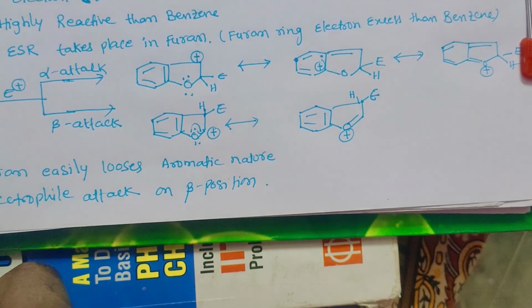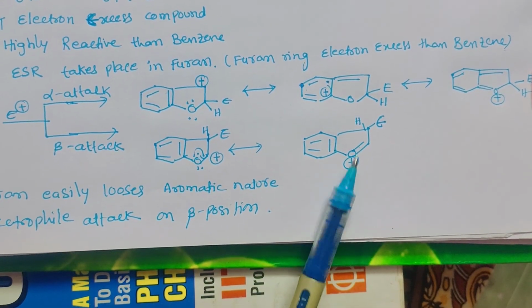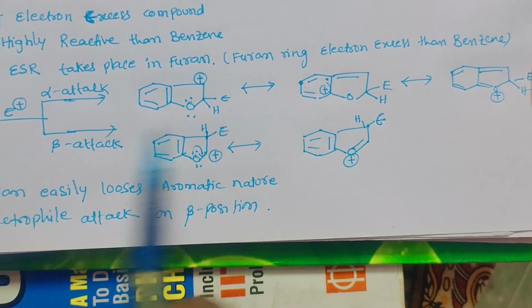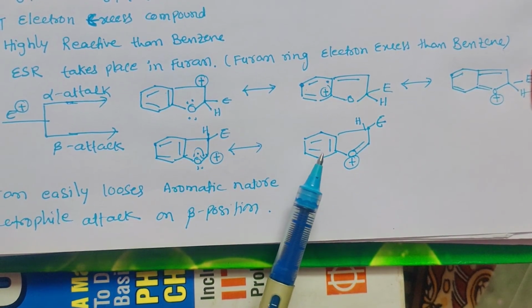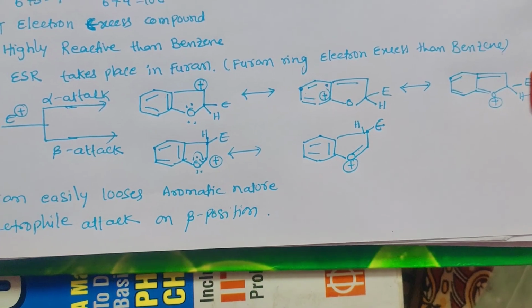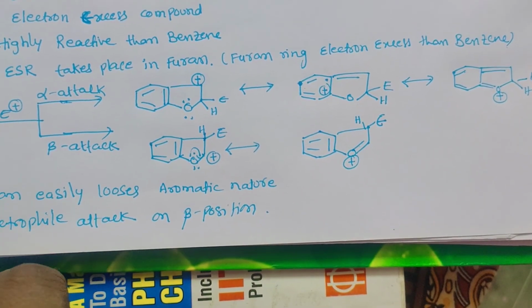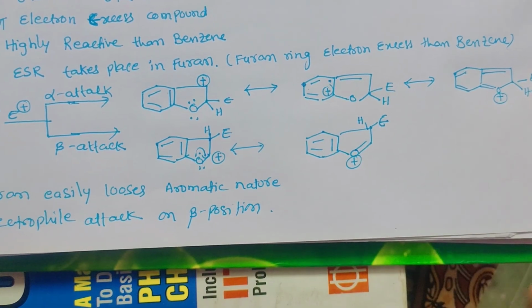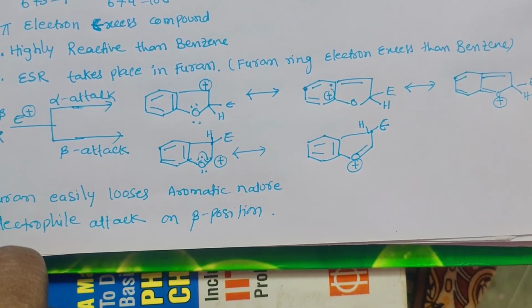But when the electrophile attacks on the beta position, oxygen gets the positive charge in the second structure itself. That means it easily loses its aromaticity. So we can say that the electrophile attacks on the alpha position in benzofuran.